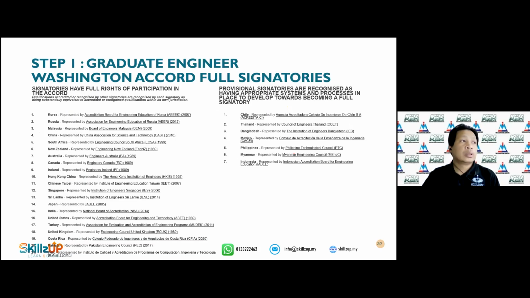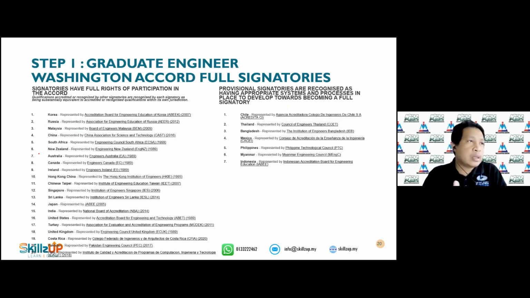Right. So if you have a degree from these countries' universities, it has been recognized by the Board of Engineers, and therefore you are able to be registered as a graduate engineer.